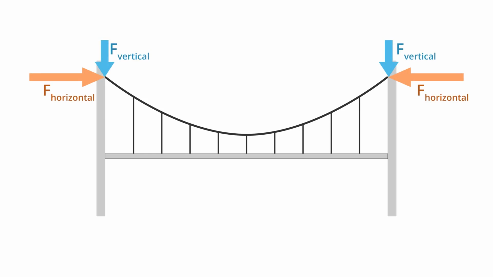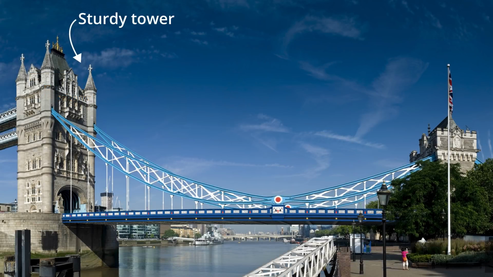The large horizontal forces produced by bridge cables have important design implications. If they were to act on tall, thin bridge towers, they would produce a lot of bending in those towers, and that would not be good. Those forces could, however, be resisted by sturdy, wide towers, and that's exactly the strategy used in the London Tower Bridge.